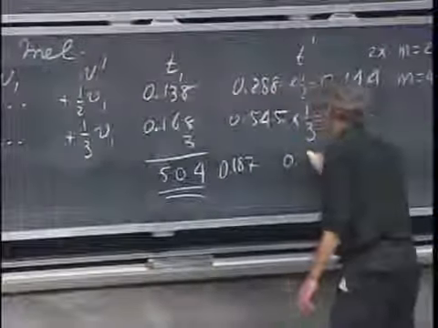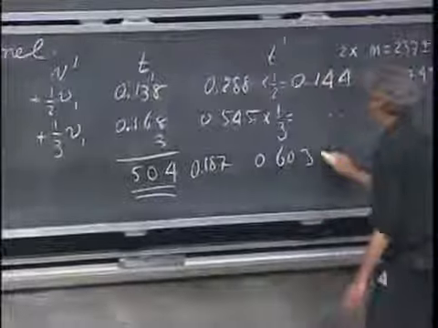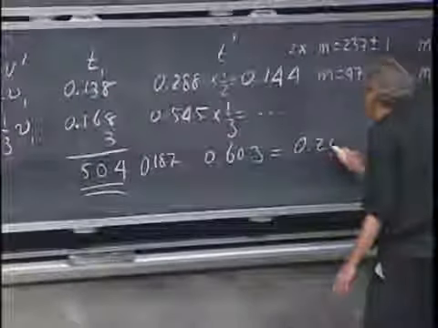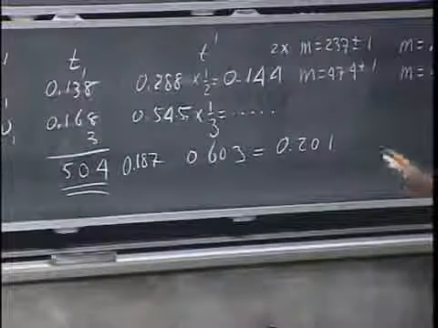If I divide 603 by 3, I get 0.201. And that is off again by about 13 units, about 7% difference. So it's a little bit more than the 5% that I allowed for.